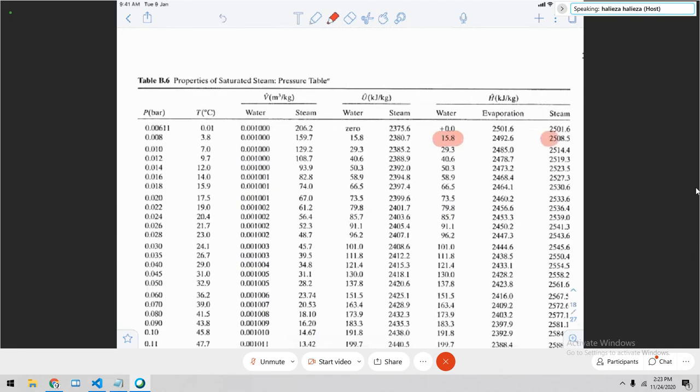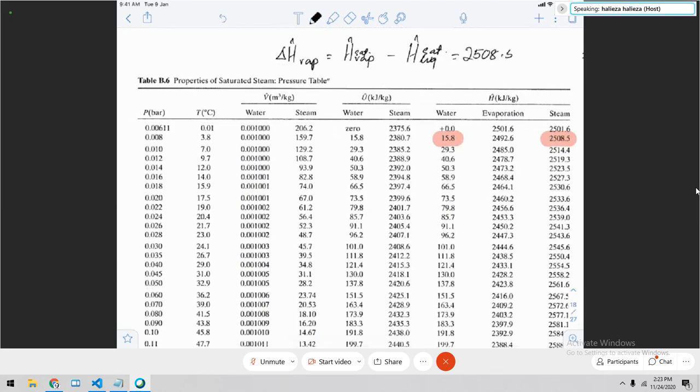This is the enthalpy of the steam. Latent heat of vaporization is equal to H of saturated vapor minus H of saturated liquid. This must be saturated, saturated vapor, saturated liquid.